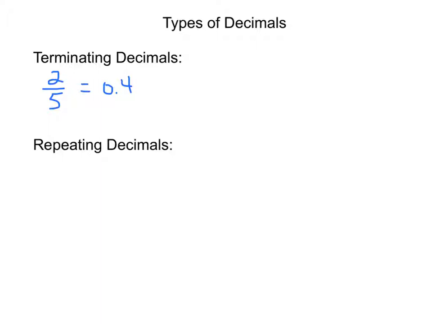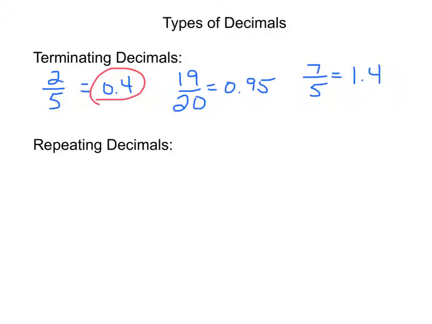If you did 19/20 and put that into your calculator, you should get an answer of 0.95. If we did 7/5, 7 divided by 5, it's going to give us an answer of 1.4. All of these types of decimals are known as terminating decimals, terminating meaning ending, because they are stopping at a particular point.